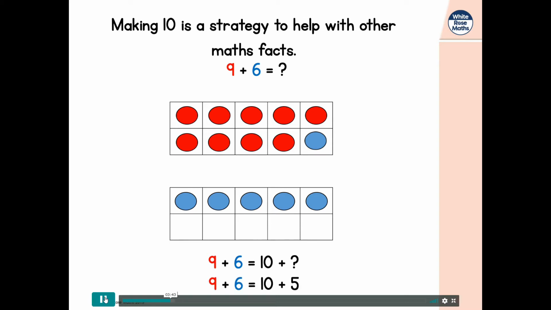Well done. Instead of thinking 9 plus 6, we're now thinking that's exactly the same as 10 plus 5. And I don't know about you, but I'd rather add 10 plus 5 than think about 9 plus 6. So it's a fantastic strategy.